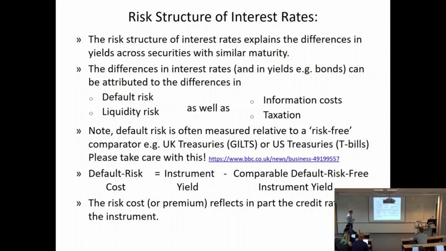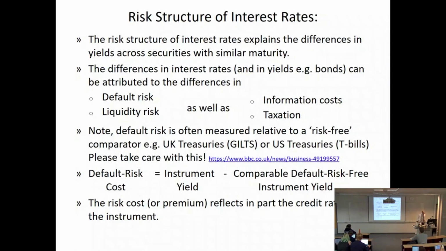So we assume that sovereign debt is risk-free in this yield curve, but it's not always risk-free. I mean, Argentina is not exactly risk-free. I think they've defaulted 3 or 4 times in recent history on their government debt. But the UK and the US tend to be seen as risk-free, though it's not 100% risk-free if you look at the history of US borrowing.